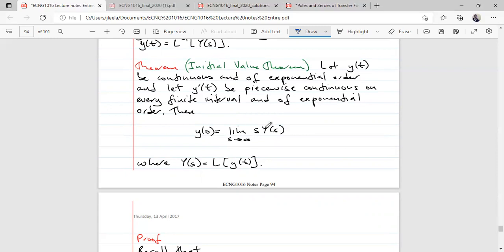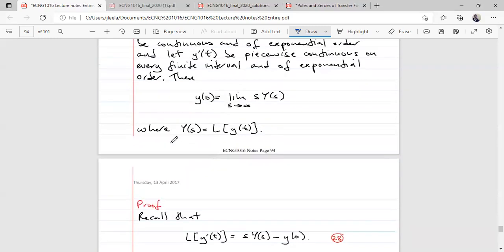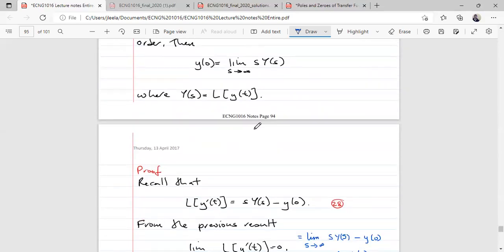So s times the Laplace transform. We can remember Y(s) is the Laplace transform of y(t), where Y(s) is equal to the Laplace transform of y(t). So we could sketch this proof here.